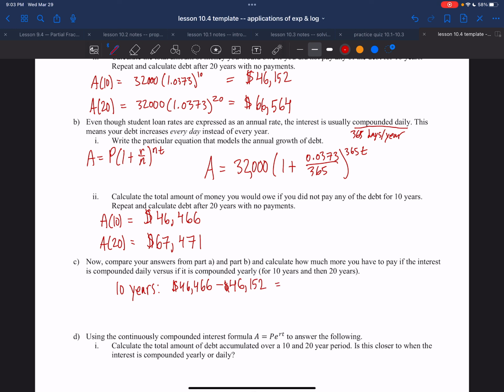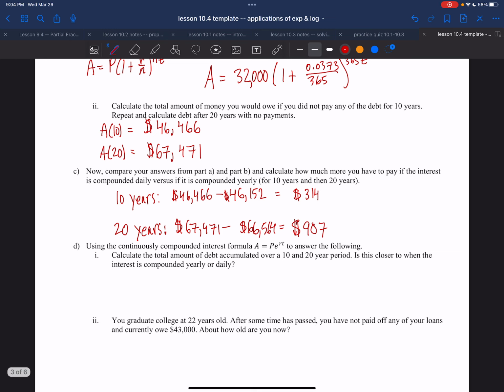And again, I've already run these calculations ahead of time. I believe you get $314. Hey, that's like pi. And then 20 years, we're going to subtract this 67,471, and we're going to subtract 66,564. And the difference I get here is about $907.